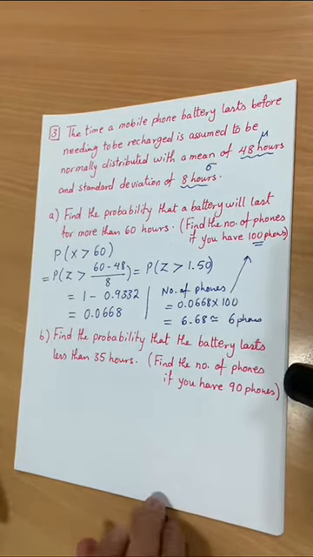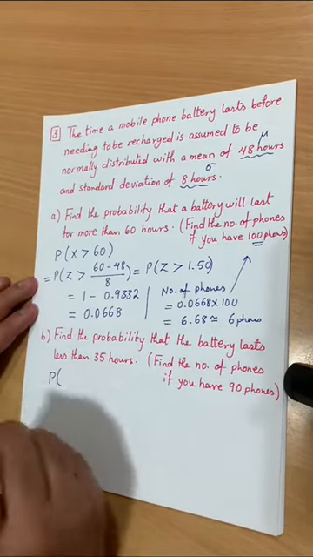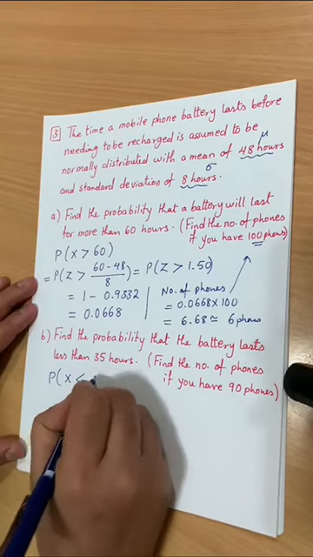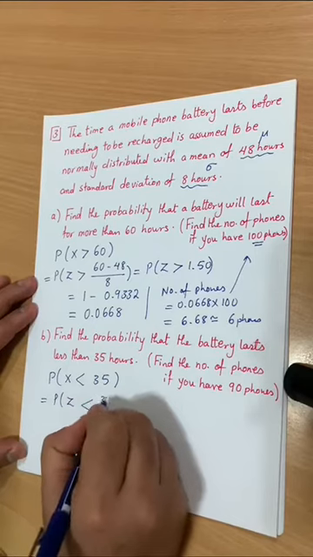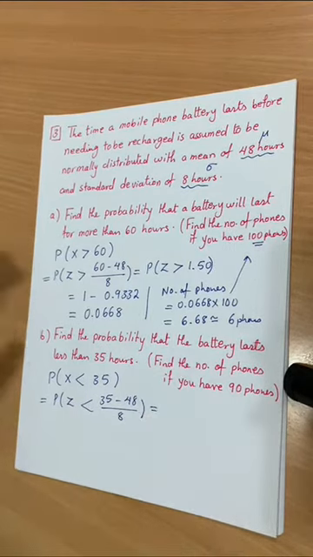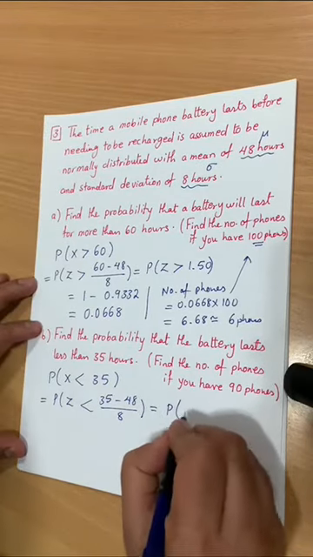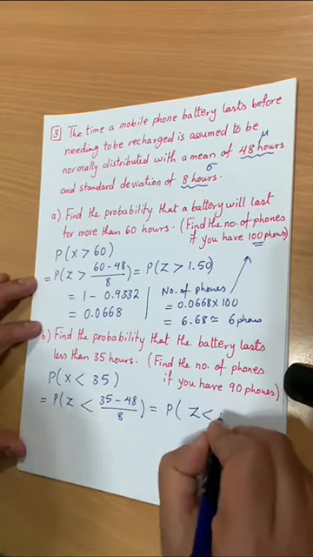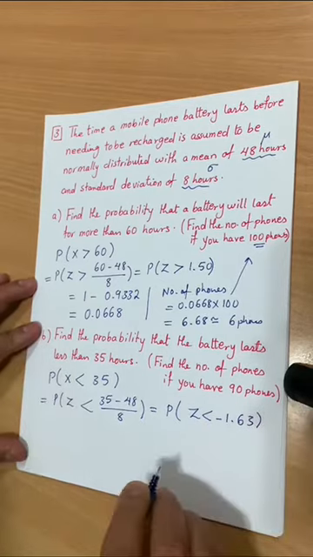Find the probability that the battery lasts less than 35. So probability of X less than 35, which is equal to Z less than (35 minus 48) over 8. 35 minus 48 divided by 8 is equal to negative 1.625, so Z less than negative 1.625, which is 1.63 to two decimal places.